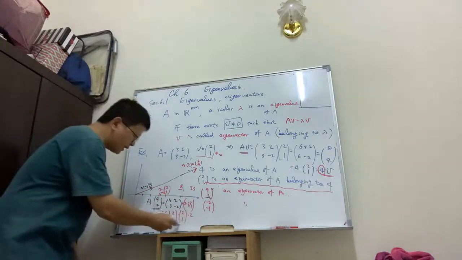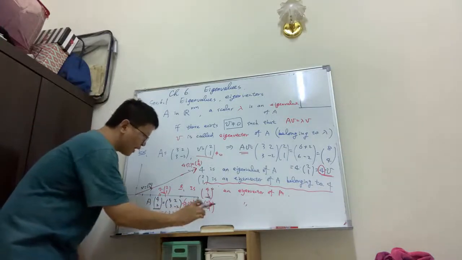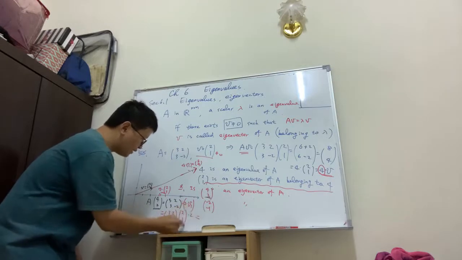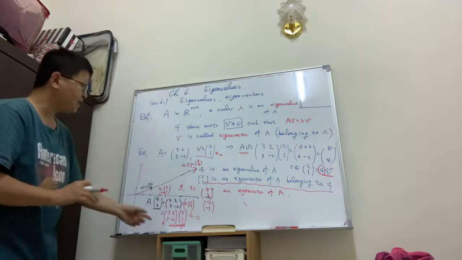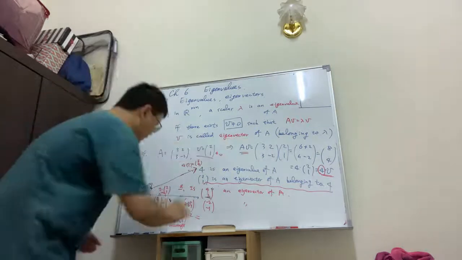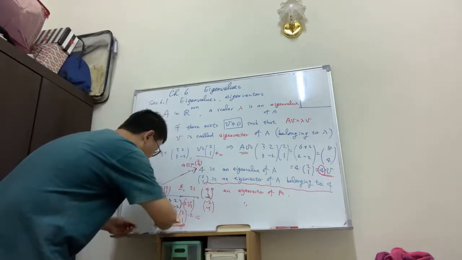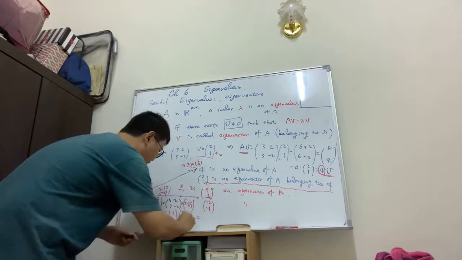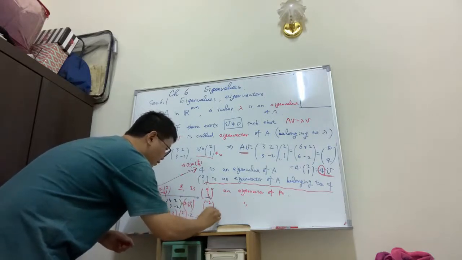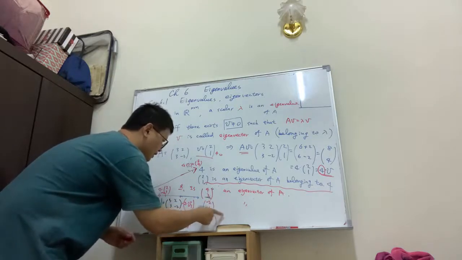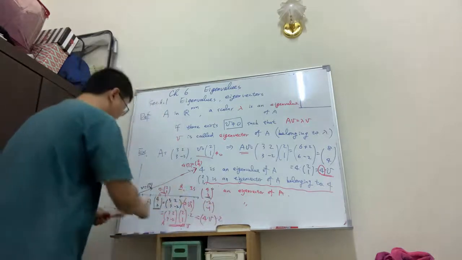For this part, it's our A times our v, so Av equals 4v. So this part is 4 times v. But on the right hand side we still have the 2.